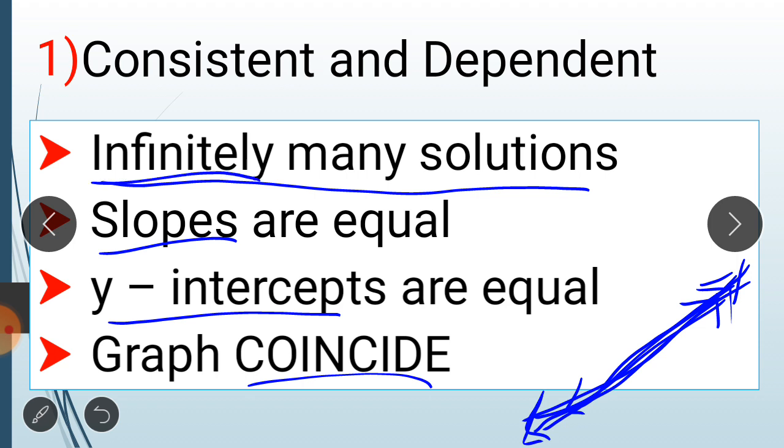That's why we have infinitely many solutions, because the points that they share together are their solution. Since they become as one, all their points are their solution. Slopes are equal because, as I have said, the graphs coincide, and of course y-intercepts are also equal. So this is consistent and dependent.